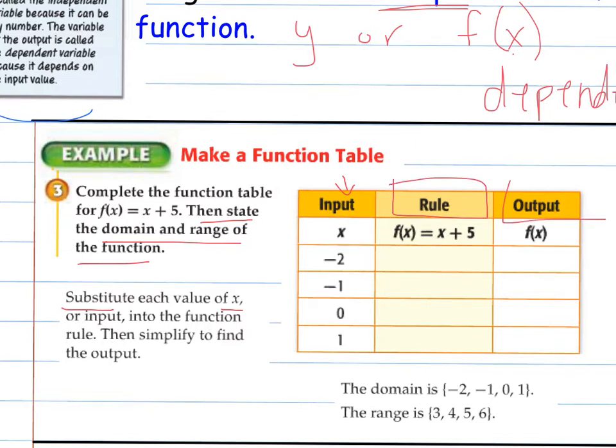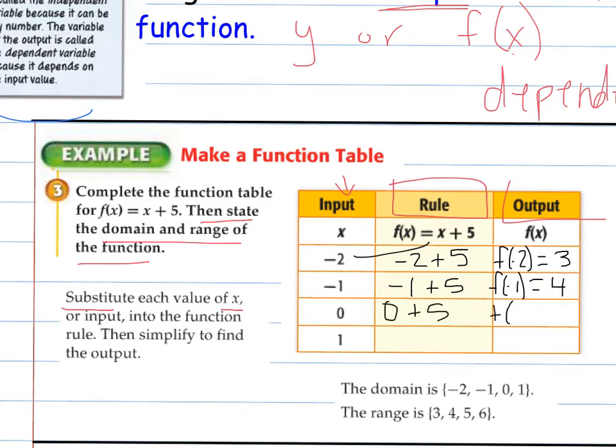For example, we plug in here, x is -2, so we do -2 plus 5. So what we get out is the function when x is -2 is 3, and so on. -1 plus 5, so the function when x is -1 is 4. 0 plus 5, the function when x is 0 is 5, and when x is 1, the function comes out to 6.